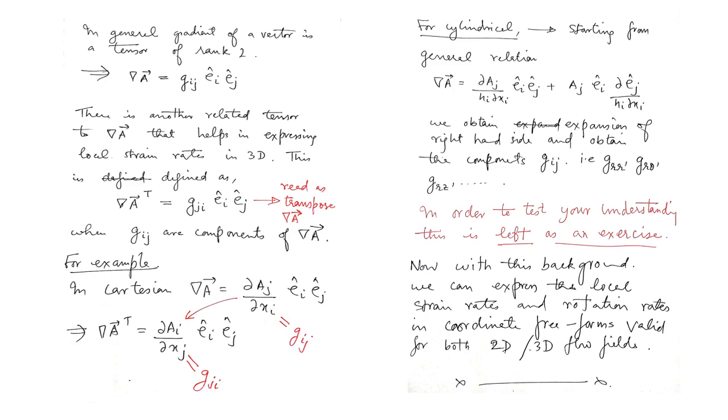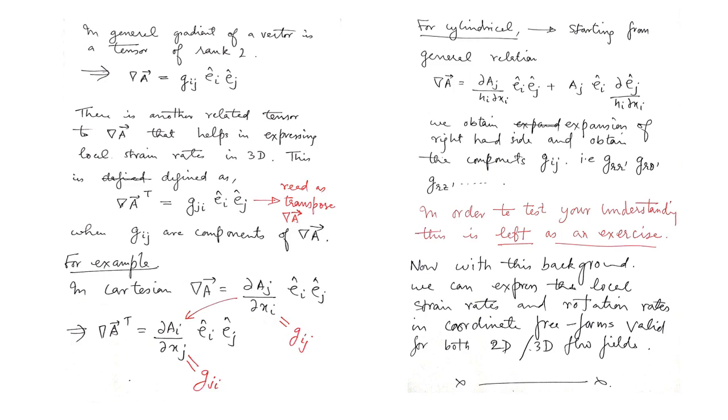Therefore I can directly write grad a transpose, or transpose of gradient of the vector a, is equal to, now in order to write Gji, since Gij is del xi of aj, Gji would be del xj of ai. So del ai over del xj, with the same dyads, ei cap, ej cap.